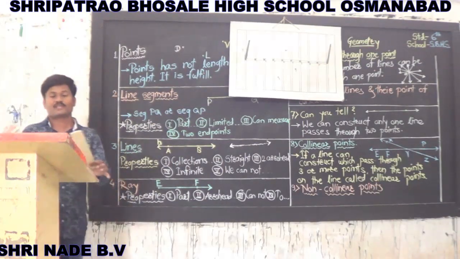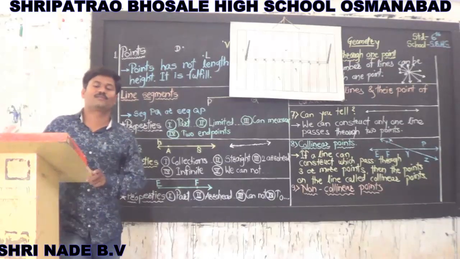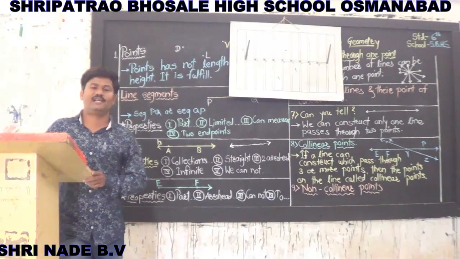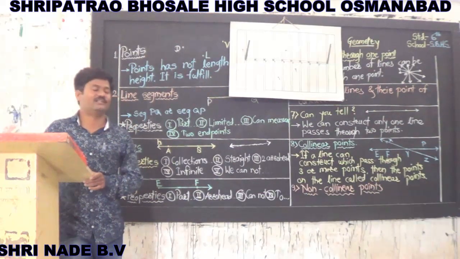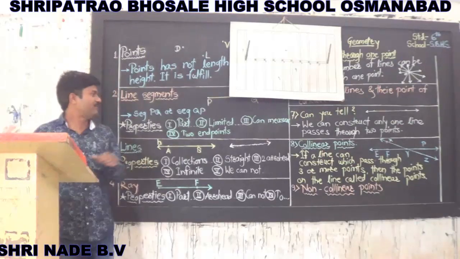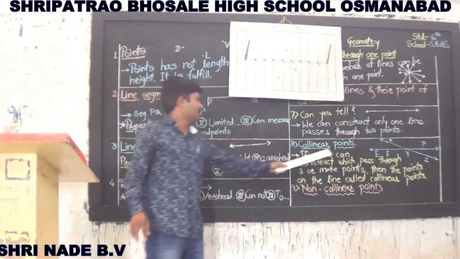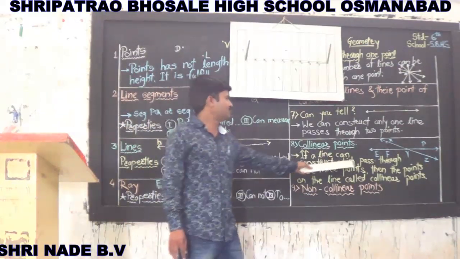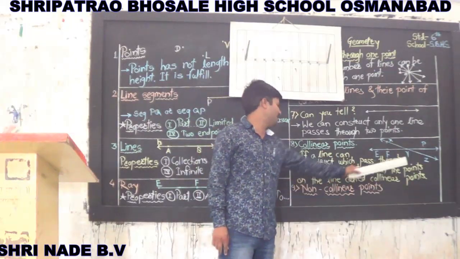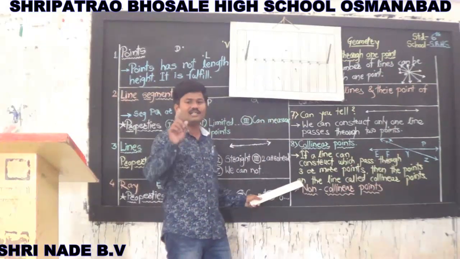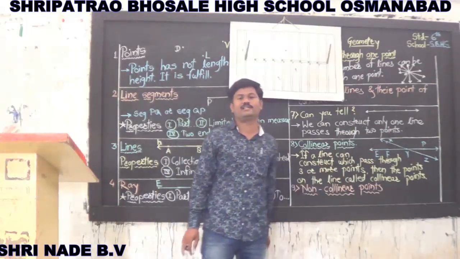Now looking at the definitions of collinear points and non-collinear points. The next concept is collinear points. If a line can be constructed which passes through 3 or more points, then the points on the line are called collinear points.